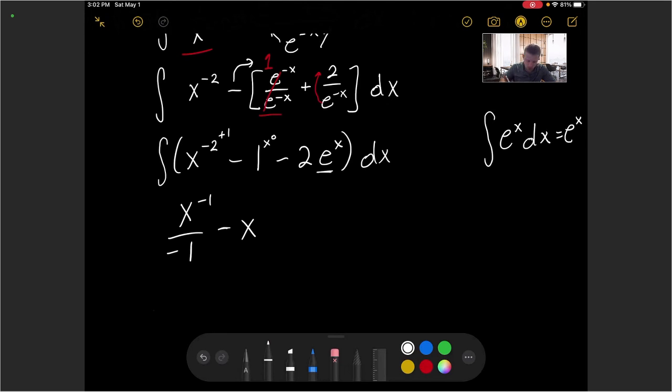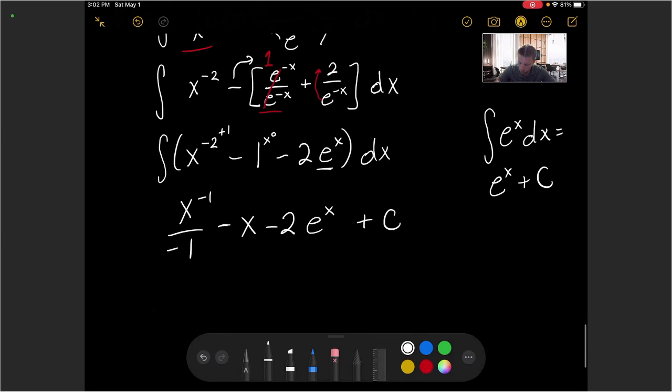So actually, let me write it properly here. e to the x plus c would be that antiderivative. So here we're just multiplying this by a constant, so negative 2 times the integral of e to the x is just e to the x. And again, everything collectively we can add a plus c to for that integration constant.